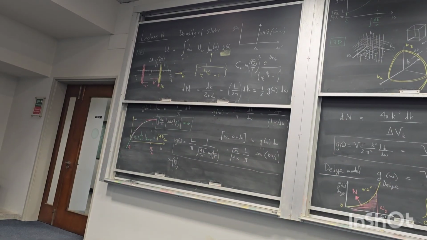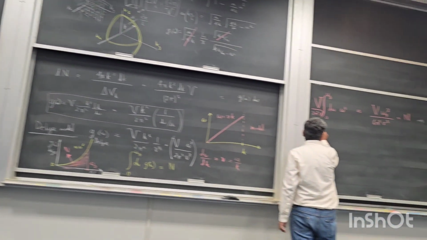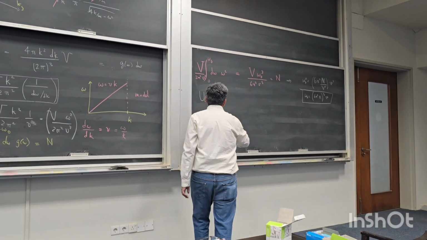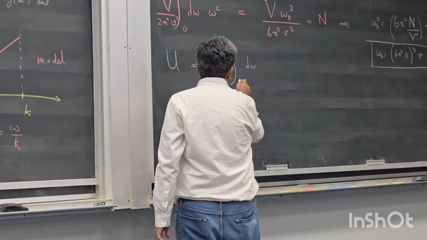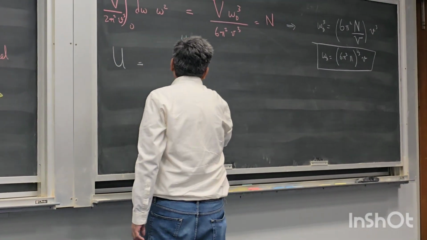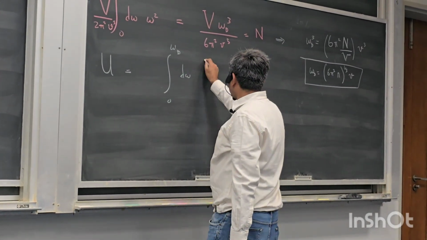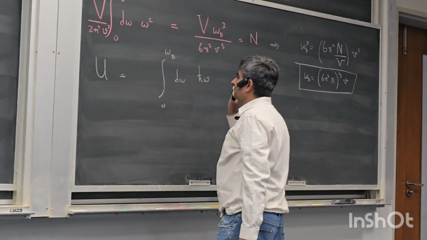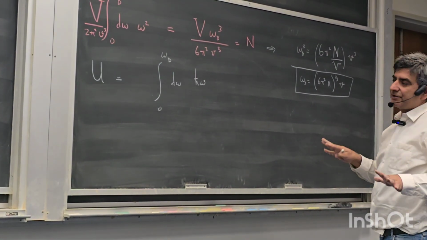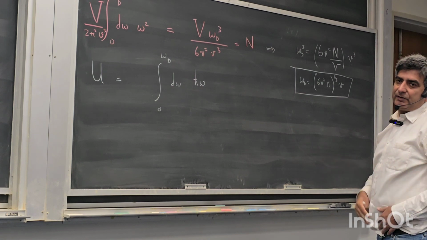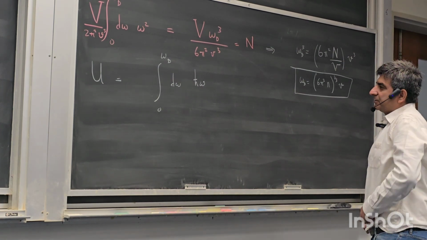So the energy inside the system, of course corresponding to a single polarization, is given by the integral d omega, where omega ranges from 0 to omega d, of the energy of a phonon, h bar omega. We're ignoring the zero point energy, because when you take the derivative with respect to temperature, it just goes away.